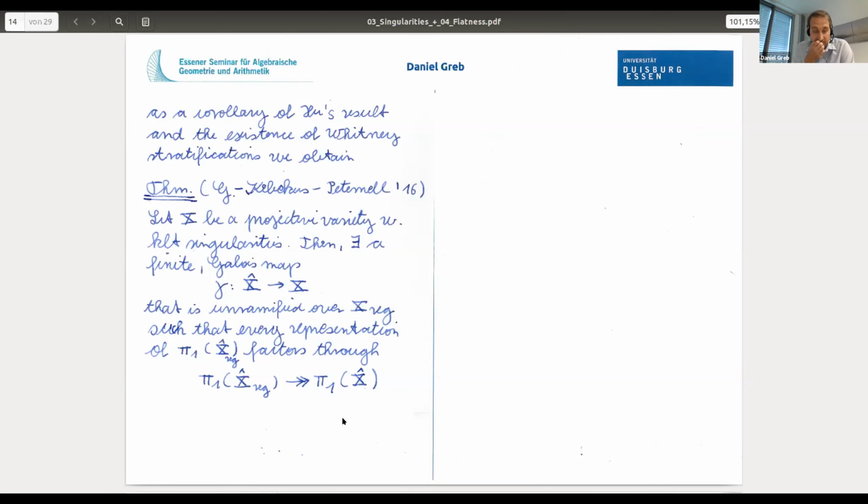Or in other words, every representation of the fundamental group of X hat reg can be extended to a representation of the fundamental group, or factors through this pi 1 of X hat.